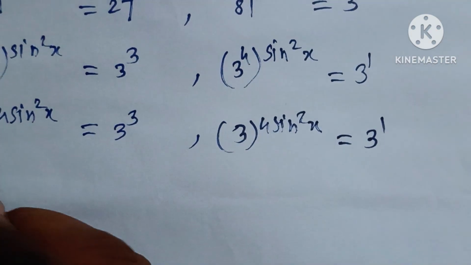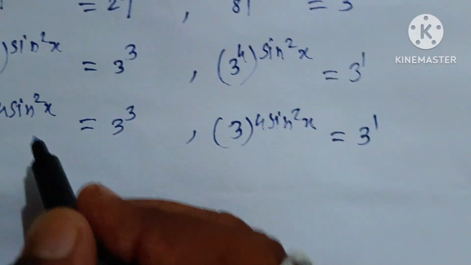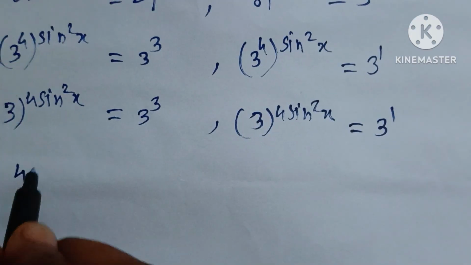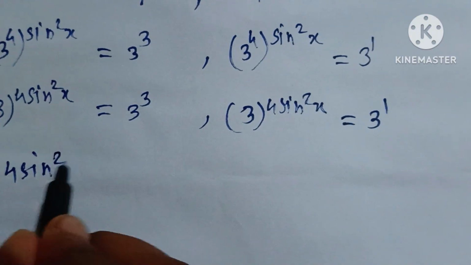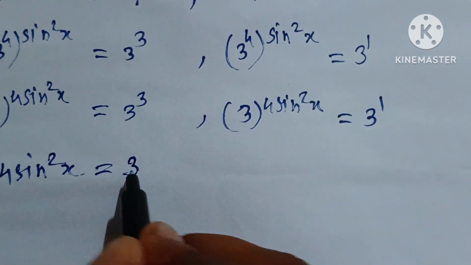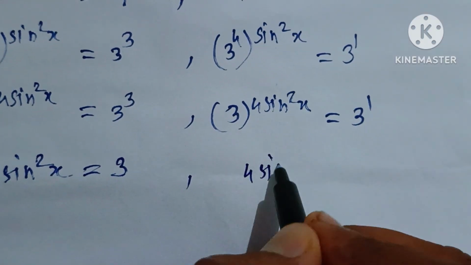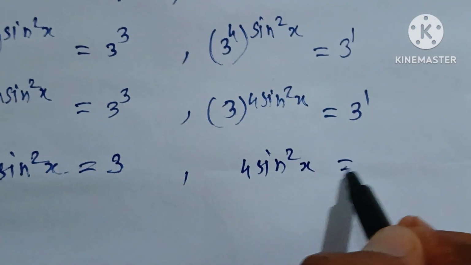Now the bases are the same, so their powers are also equal. So we can write 4 sin²x equals 3, and 4 sin²x equals 1.